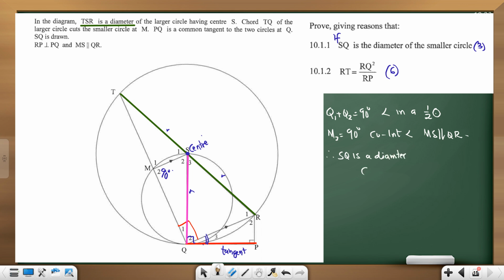What's your reason? I'm using the if statement. Converse angle in a semicircle. Can I see if you're lost? Let me know. Anybody lost? Quickly, because we don't want to come back here. Did it make sense to you? Can I see your response? Thumbs up. Did it make sense? The approach and everything.